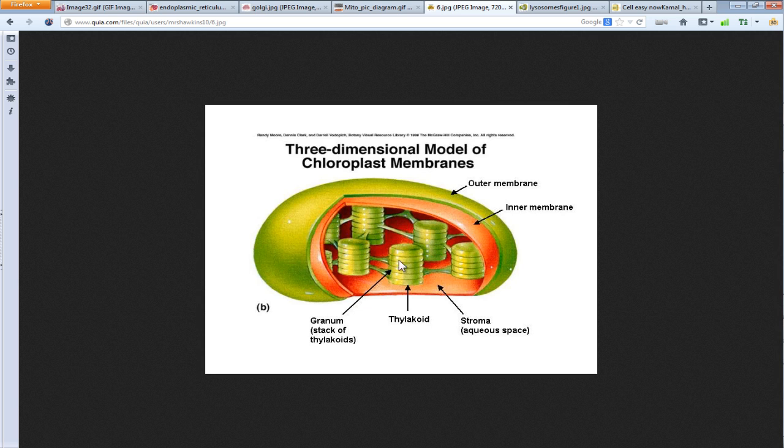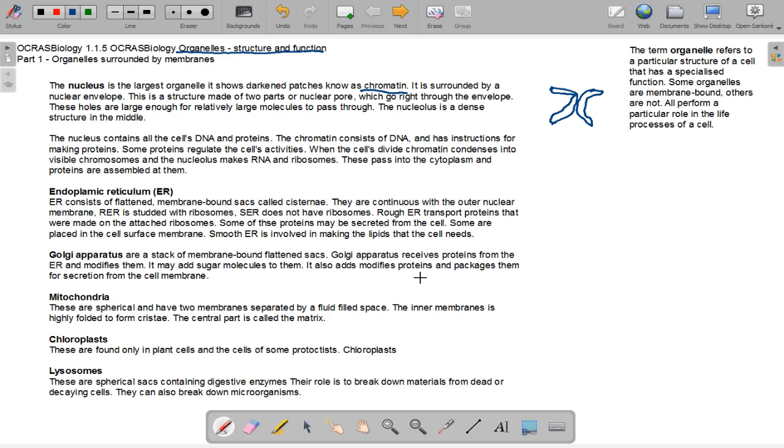For now, you just need to know that they make glucose and water in the granum and the thylakoids, and the stroma is just the aqueous space where H plus ions reside for ATP synthesis, but more on that in A2.